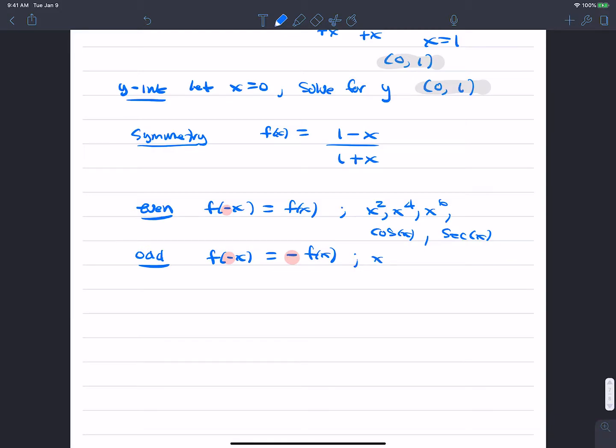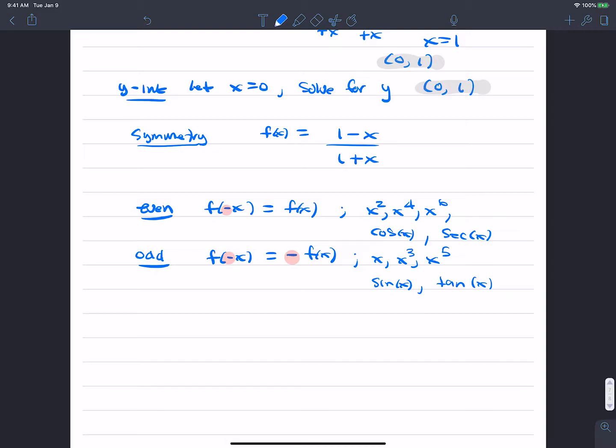Now, x, x cubed, x to the fifth, these are some typical examples of odd functions. And sine is an odd function as well as tangent, as well as their reciprocals as well. Okay, so you have the reciprocal of sine, reciprocal of tangent. Reciprocal of sine is cosecant, that's going to be also odd. Reciprocal of tangent is cotangent, that's also odd. So we do have some various functions that are even and odd.